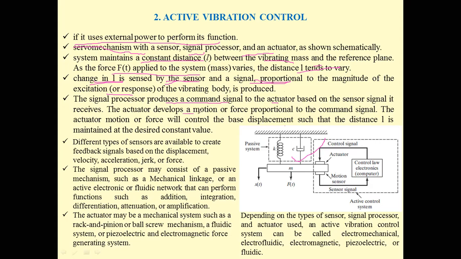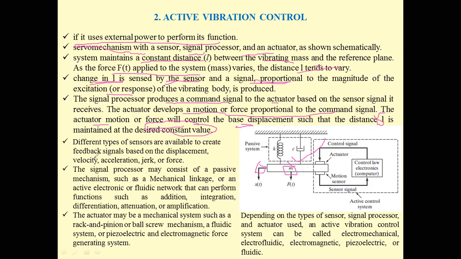The actuator develops motion or force proportional to the command signal, and the actuation motion or force will control the base displacement, so it maintains a desired constant value of the base signal, that is, base x of t.